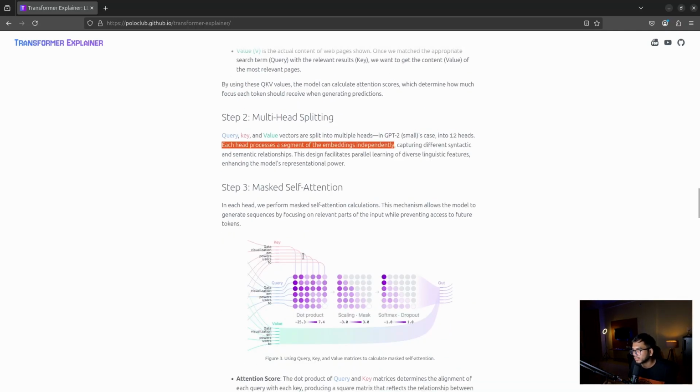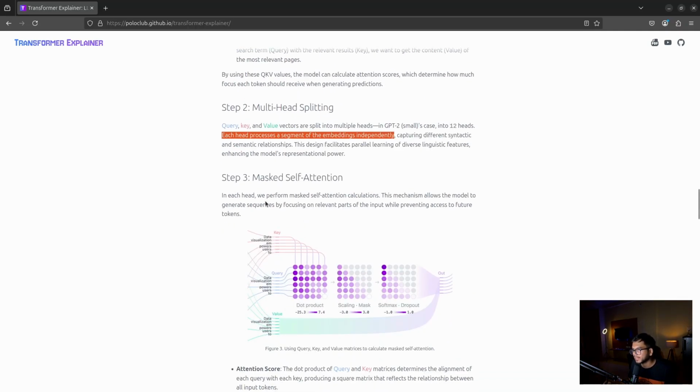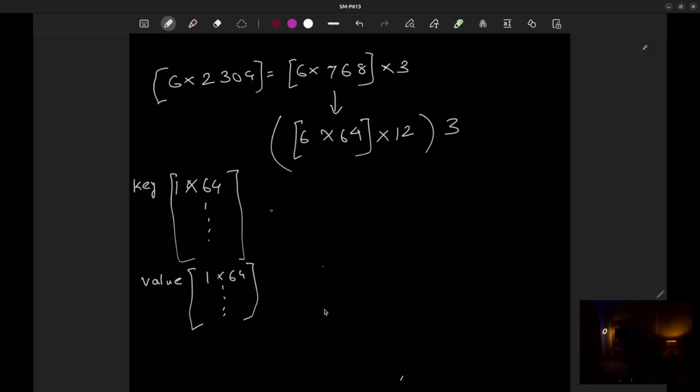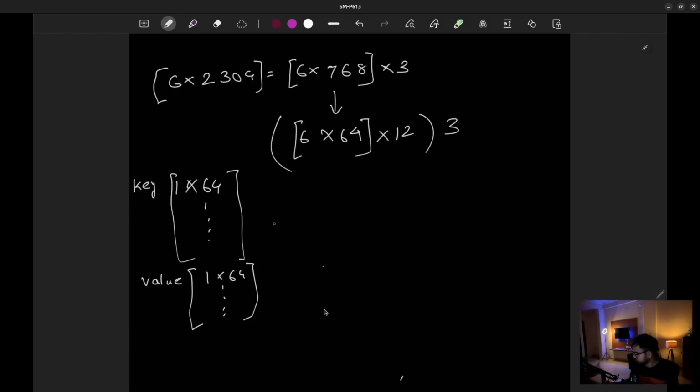And after that, in each head we perform the masked self-attention calculation. This mechanism allows the model to generate sequences by focusing on relevant parts of the input while preventing access to future tokens. So we will go into each part one by one. First, it does a dot product. And if you see in the figure itself, this key we need to transpose, right?